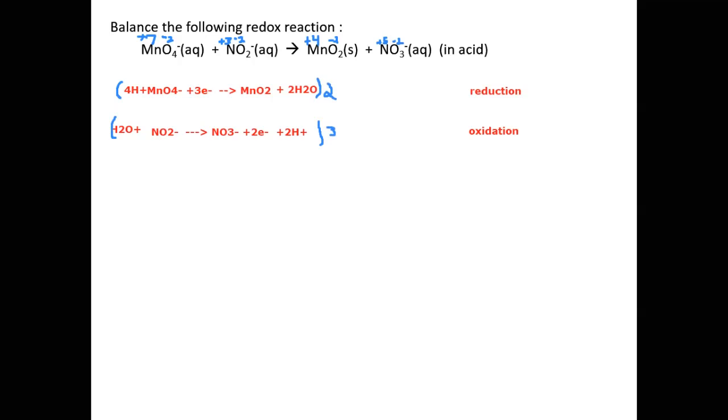And now our resulting reaction becomes 8H+ plus 2 MnO4 minus plus 6 electrons yields 2 MnO2 plus 4 H2O.